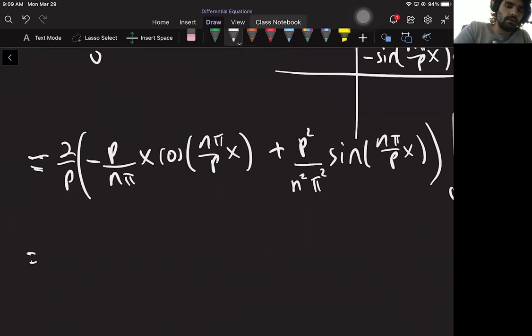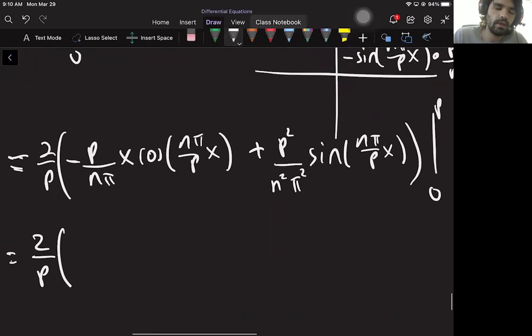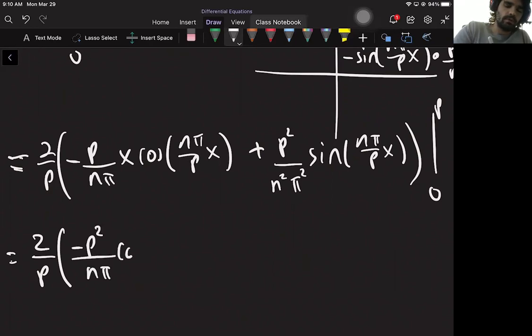All right, so we got 2 over p times, plug in p here. We are going to get negative p times x, and now p, so p squared over n pi cosine of n pi over p x. x becomes p, so the p's cancel. I just get n pi.